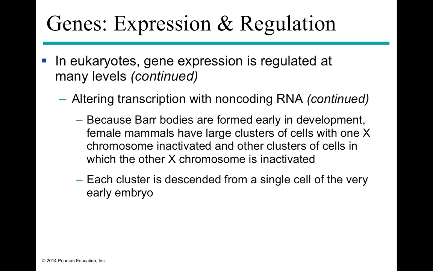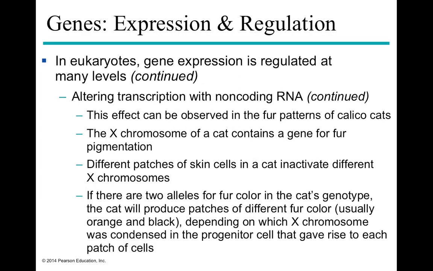And that's why we end up with calico cats, for example, because they have clusters of cells with one X chromosome inactivated and other clusters of cells where the other chromosome is inactivated. So you have a patchwork of cells that are all descended from a single cell in the early embryo.